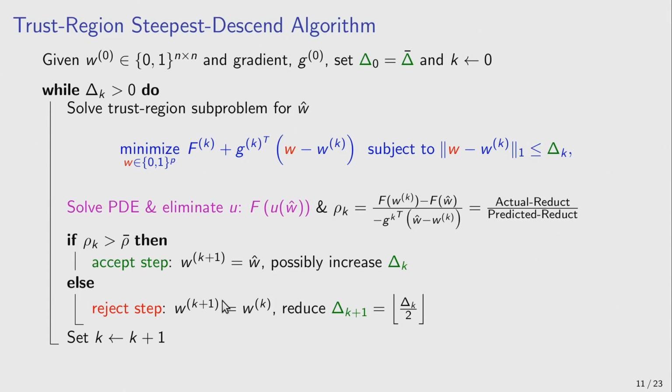Okay, and with that, I can set up an algorithm where I start at an initial solution, maybe one that I have given through sum up rounding, and I'm now trying to improve it by solving a sequence of linearized problems within a trust region. Once I do that, I need to evaluate the new point. I get a new point w hat, evaluate that in my objective function, and if I make progress, if I reduce my objective, I take the step.